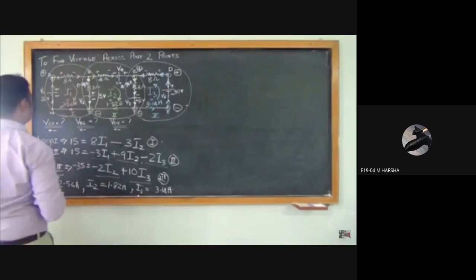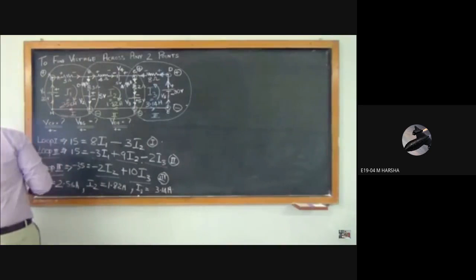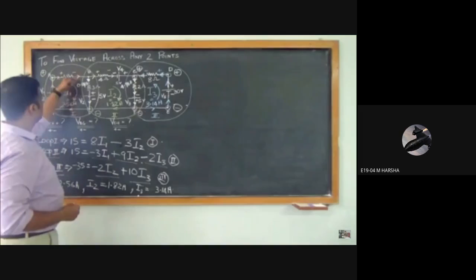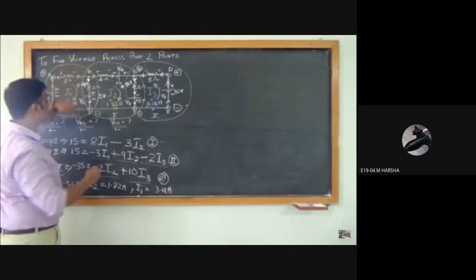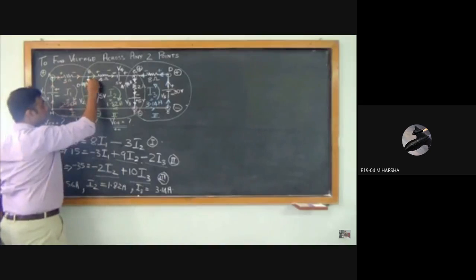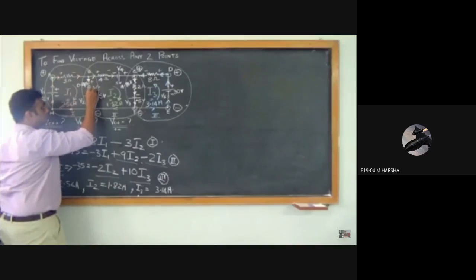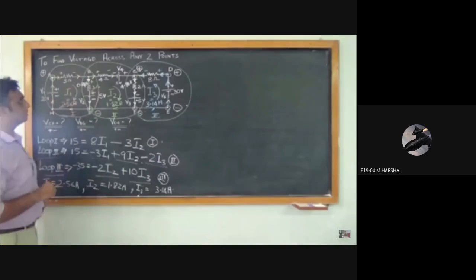Now again, we will put the polarities. This is the effective direction. The first terminal the current touches becomes positive, and the second terminal it touches becomes negative.